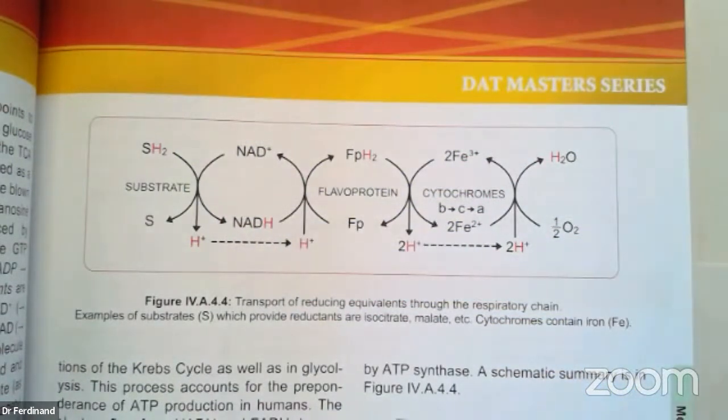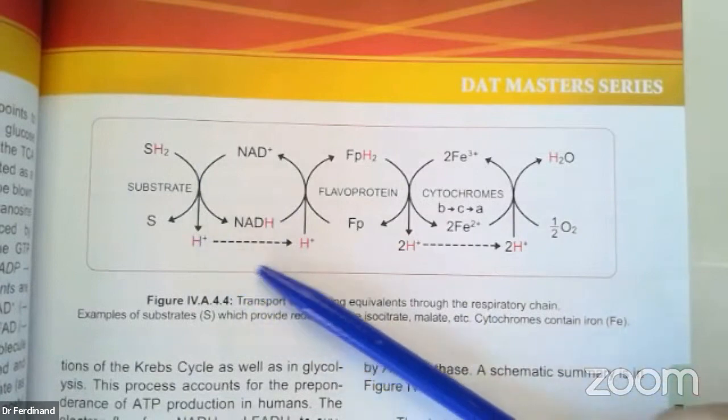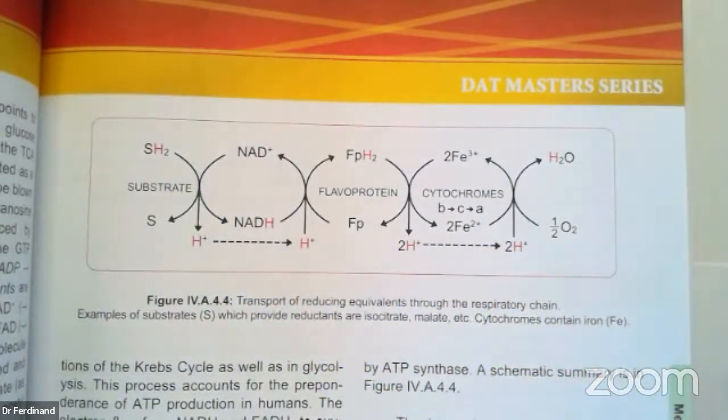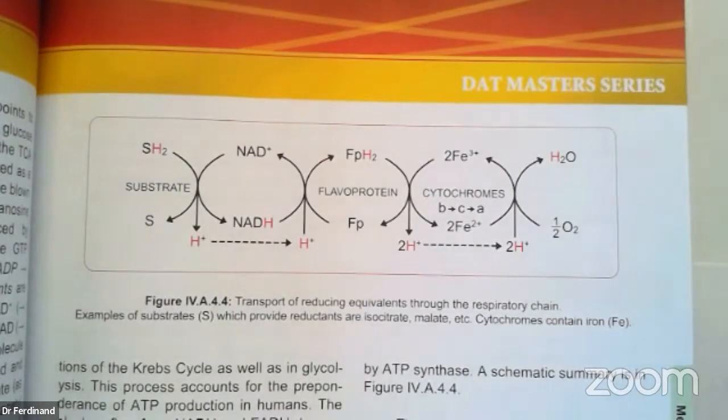This is being passed along the respiratory chain, or the electron transport system. H plus is being pumped out, and that hydrogen is very important, as there is a proton pump that is able to concentrate the H plus and pass it through a receptor in the mitochondrion that is able to generate ATP, by concentrating it on one side and then releasing it to the other side.